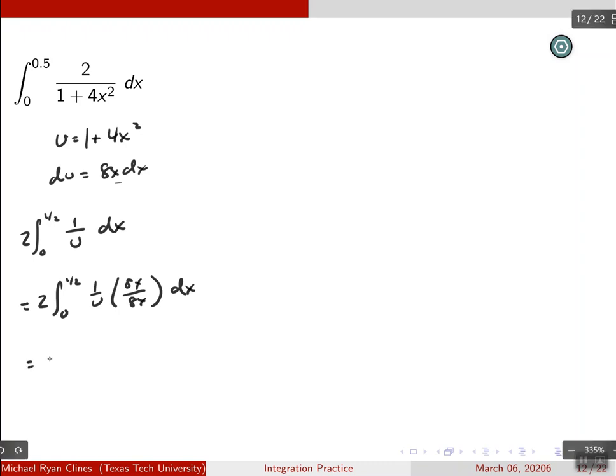Well, this is just equal to 2 times the integral from 0 to 1/2 of 1 over u times du over 8x, because 8x dx right here is just equal to du.